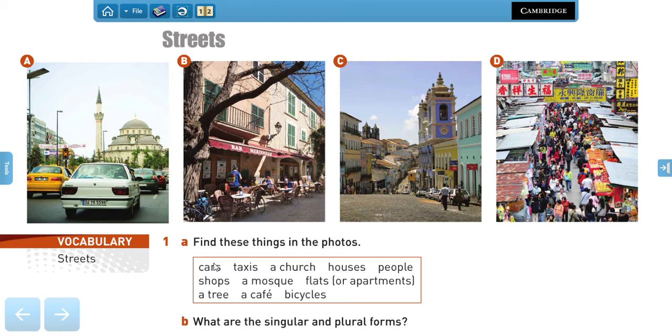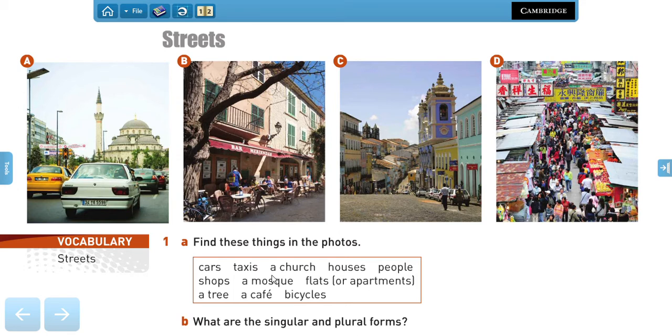So let's see. In which image can we find cars? Of course, in A and C. There we have some cars, right? Taxis. A, we have one there, right?